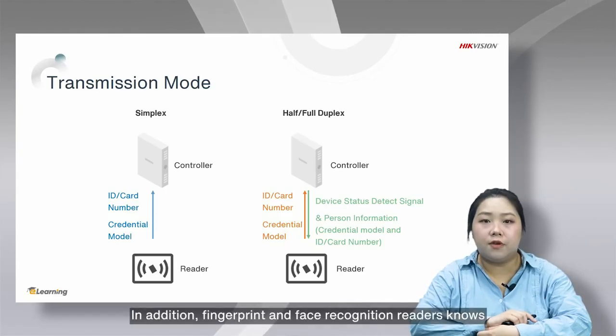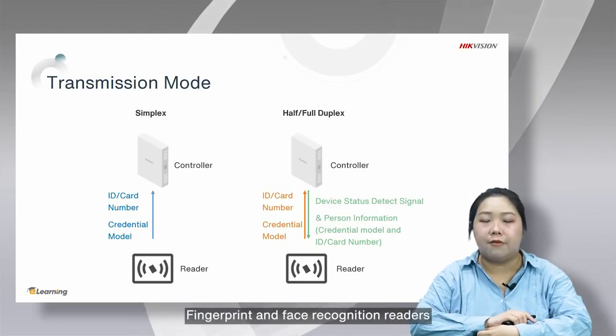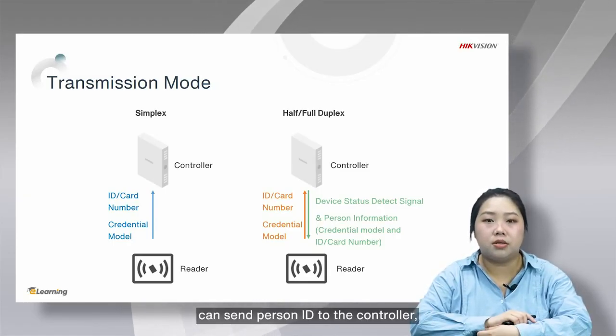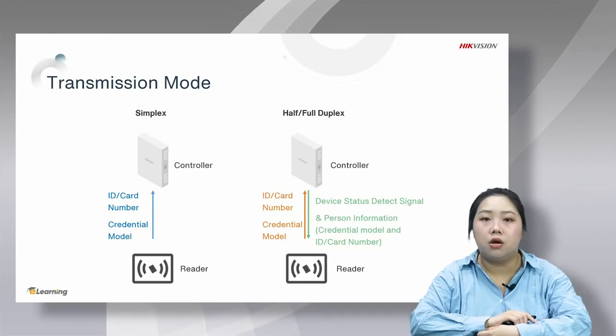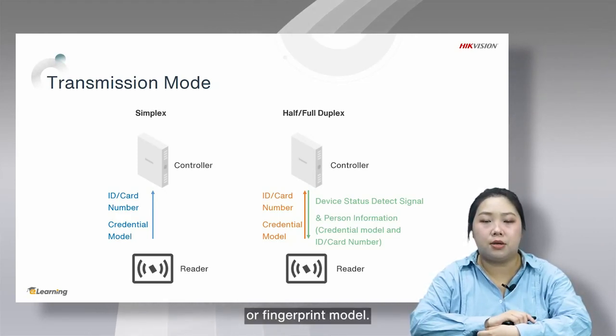In addition, fingerprint and face recognition readers know which specific person the credential models belong to, and can send person ID to the controller, which is faster than transmitting the face or fingerprint model.